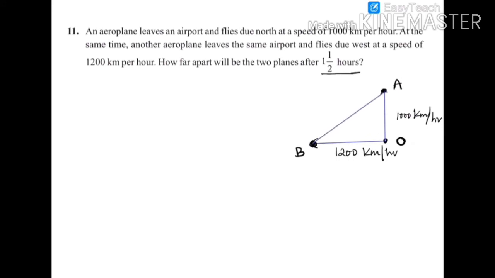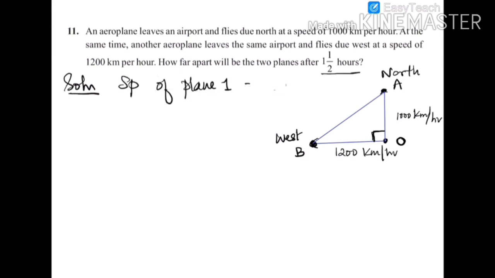That means the distance between point A and B. Since this is the north direction and this is the west direction, the angle between OA and OB will be 90 degrees. And since it is 90, triangle AOB will be right triangle. So we can use Pythagoras theorem to find AB, but OA and OB are distances covered by the two planes. So in order to use Pythagoras theorem, we need to find OA and OB.